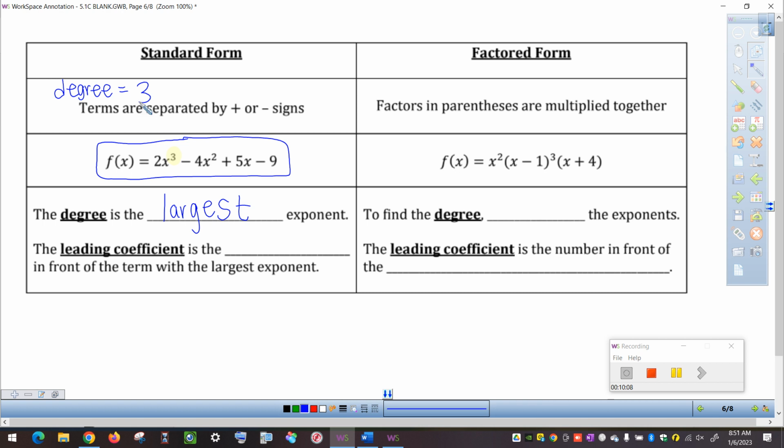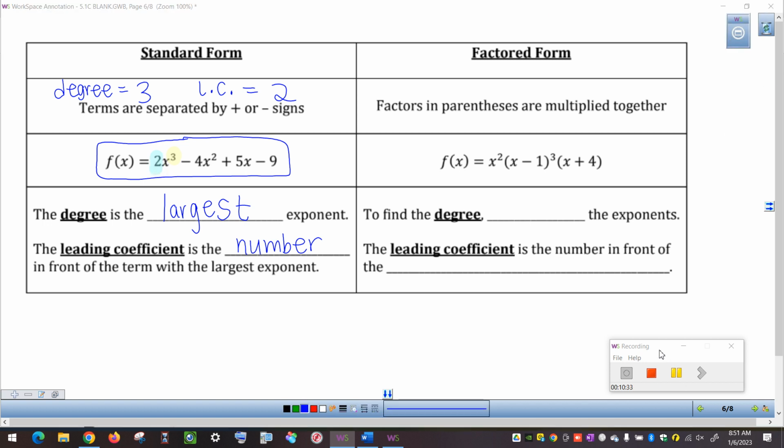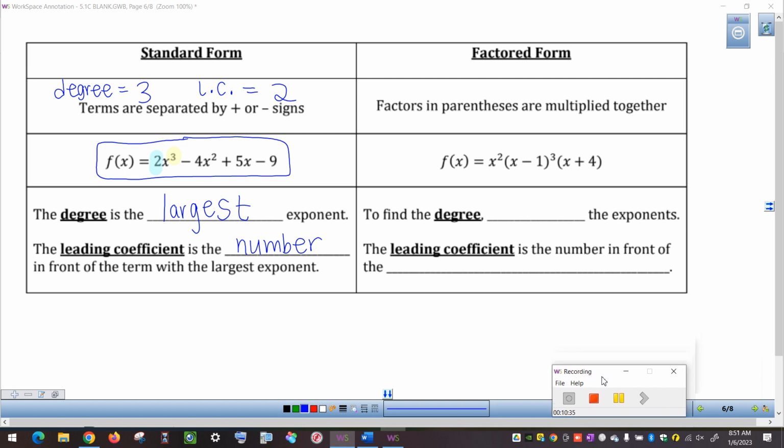The leading coefficient is the number in front of the term with the largest exponent. So our leading coefficient, in this case, is 2. All right, so we know all of that. All of that should sound familiar.